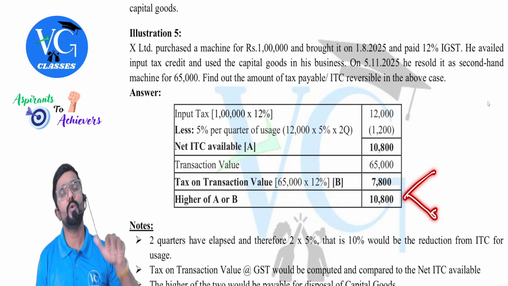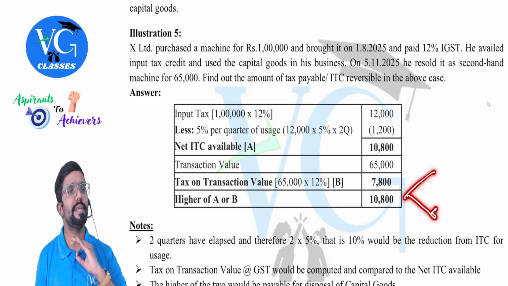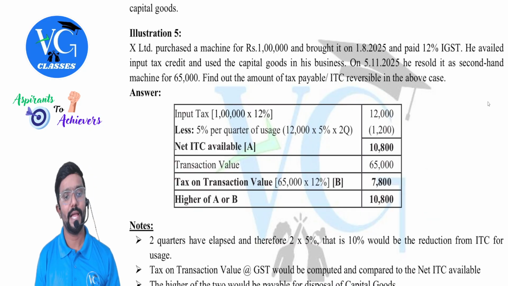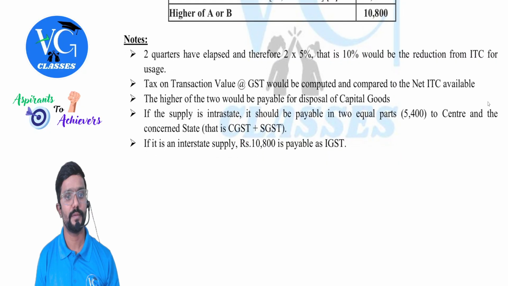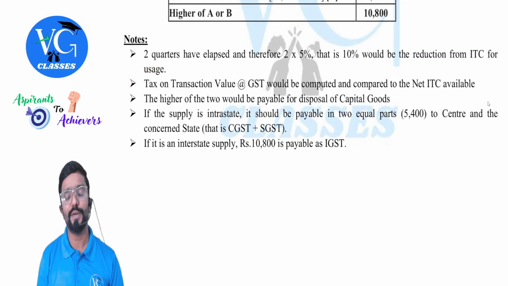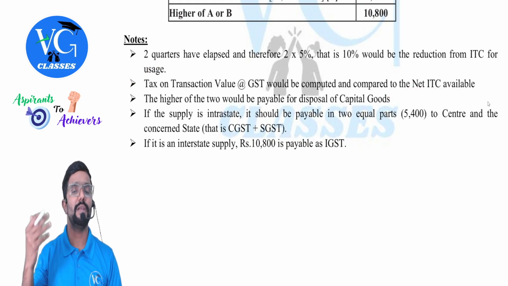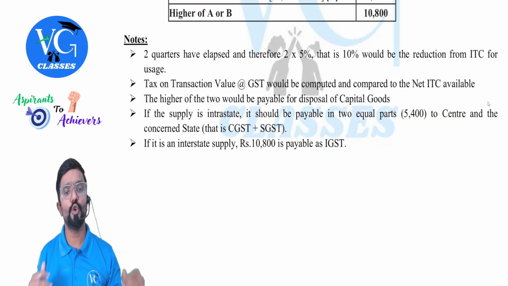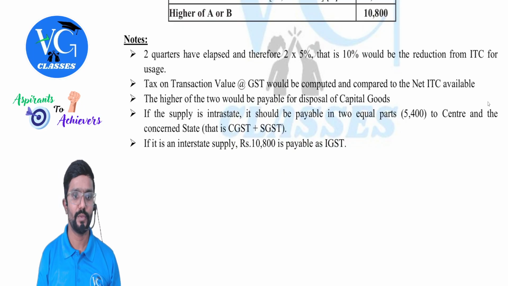Sir, what if it is sold outside the state? Then we need to pay the entire 10,800 as IGST. I have given it here. You can see. Tax on transaction value at GST would be computed and compared to net ITC available. We already did it. A or B. The higher of the two would be payable for the disposal of goods, which is coming in our example as 10,800.